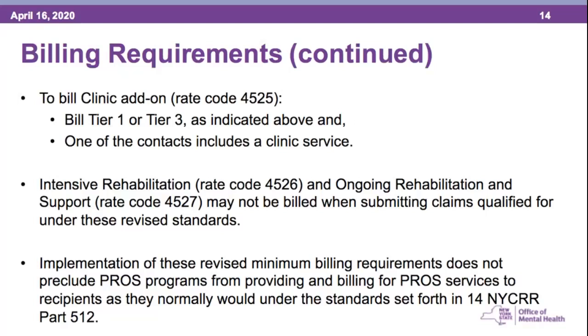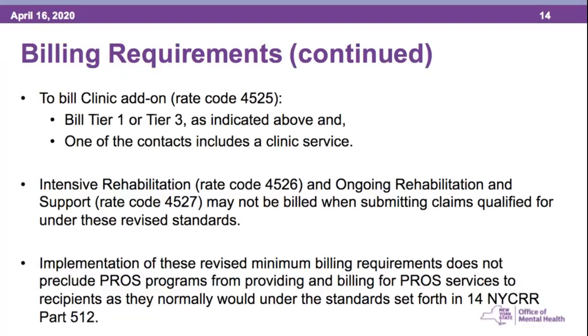The revenue associated with those add-ons was evaluated and included in making the decision as to the Tier 3 particularly and Tier 1 standards for billing, in a manner that was designed to help bring providers to historical or average revenue standards.